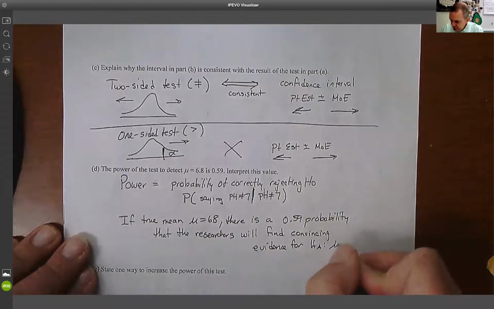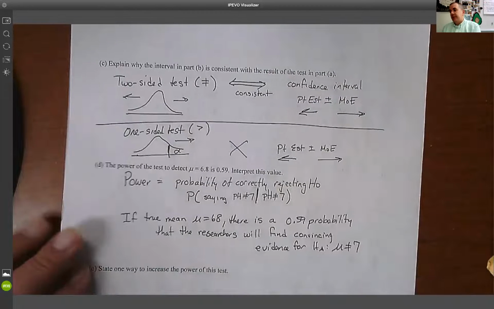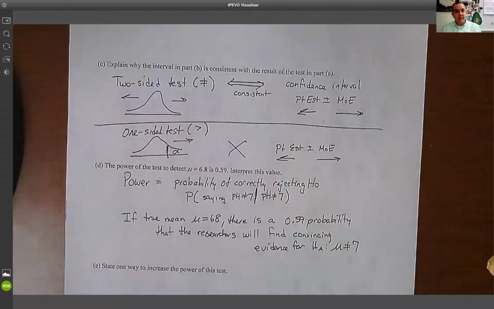So in this case, that mu doesn't equal 7. Basically, it's the probability of correctly rejecting the null hypothesis.